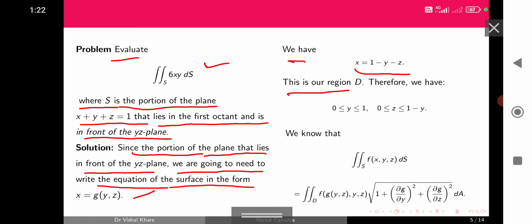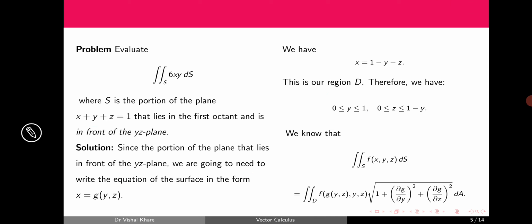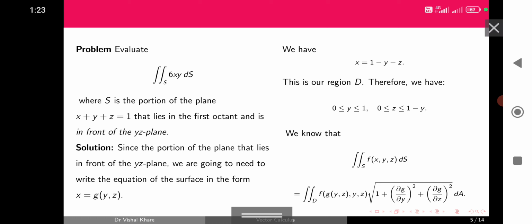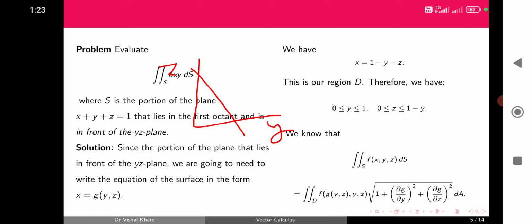This is our region D. Therefore we have 0 less than or equal to y less than or equal to 1 and 0 less than or equal to z less than or equal to 1 minus y. You can find the limits in this way. This is the axis y and this is z, and this is the line y plus z equal to 1.